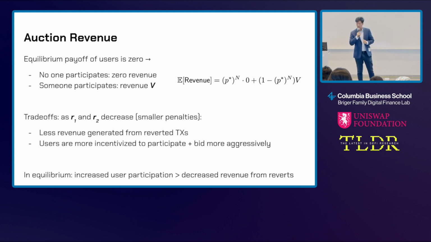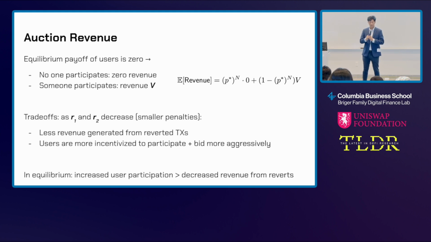Now as we analyze this equilibrium in terms of the revert penalty rates, R1 and R2, we find two main trade-offs. If you make the penalties less for reverting transactions, then first of all, you get less revenue generated from these reverted transactions. But on the other hand, users are more incentivized to participate and also bid more aggressively.